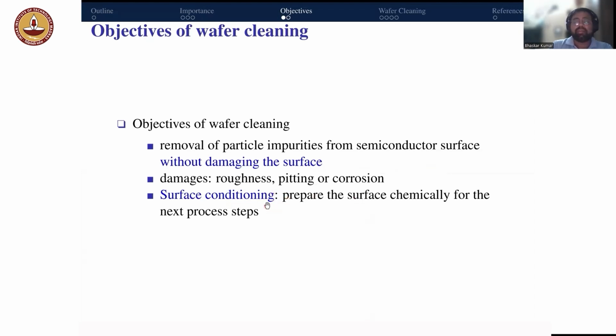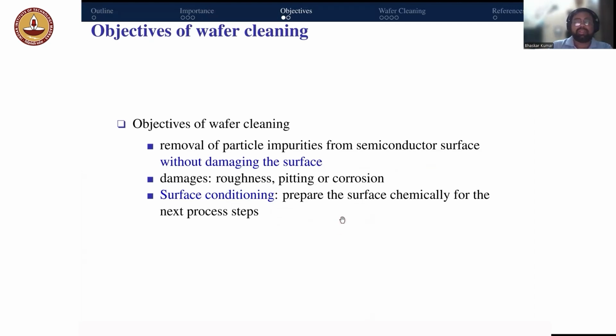Apart from cleaning the silicon surface, solutions also prepare the surface chemically for the next step. This is important because, for example, when we are doing an HF dip of a sample, it removes the oxide, but it also passivates the surface with hydrogen.